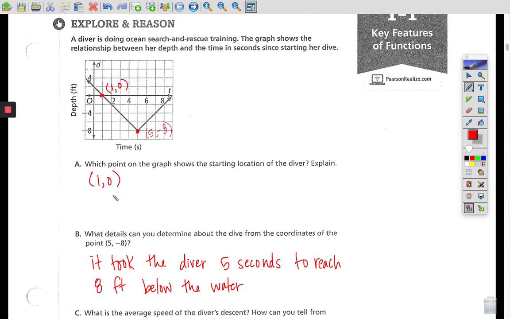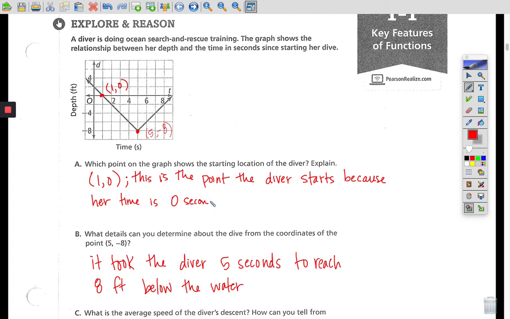This is the point where the diver starts because the time is 0. Because it is 0 seconds.